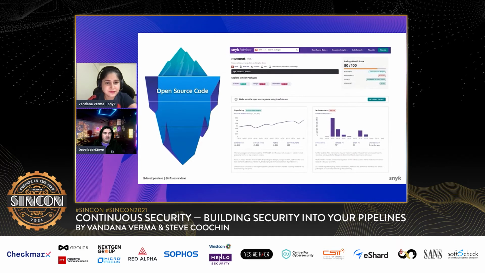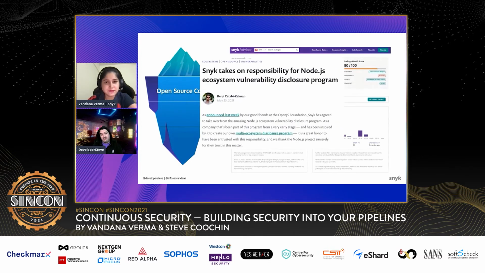Some of the ways we do that at Snyk, for example, is through a program called Snyk Advisor, which gives holistic information about a particular library's health, from people contributing, to bugs being identified and how long until they're mitigated, and a release candidate goes out. Also, shout out to anyone that contributes to the Node.js ecosystem vulnerability disclosure program, which we also help manage. Not just that program, but all security researchers everywhere.